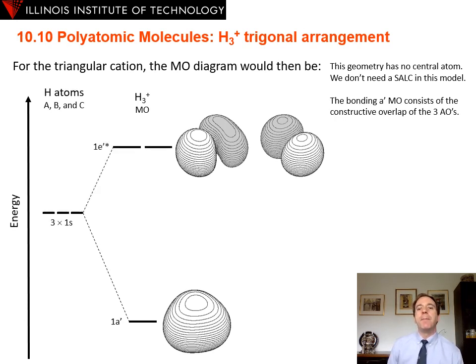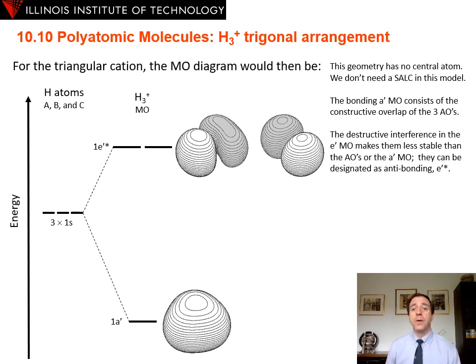And the anti-bonding orbitals, two of them, higher in energy than the unbonded hydrogen atoms, are up there. And those have destructive interference that make them less stable than the individual atomic orbitals from the unbonded case. And so we're going to designate those as anti-bonding orbitals and give them the star treatment.